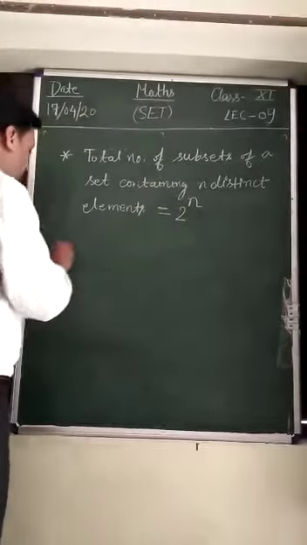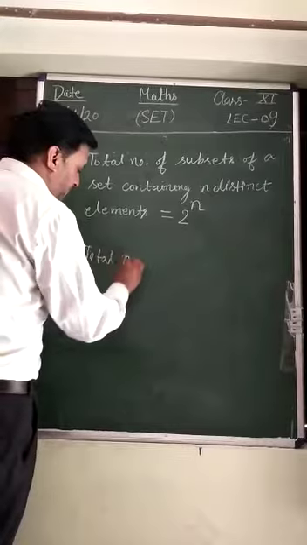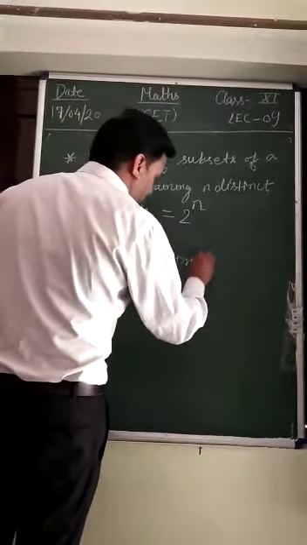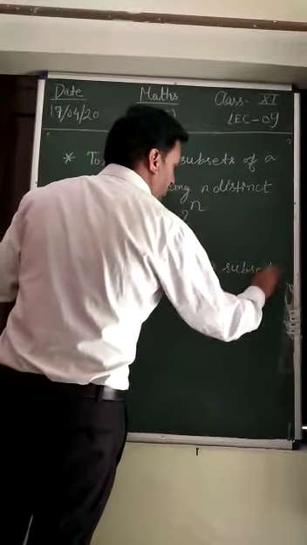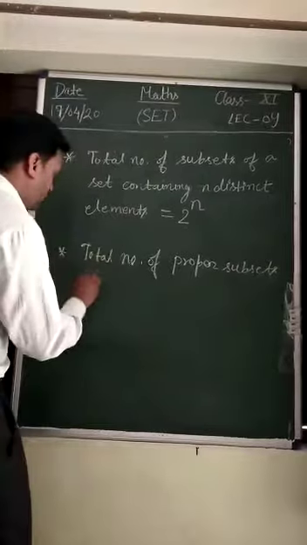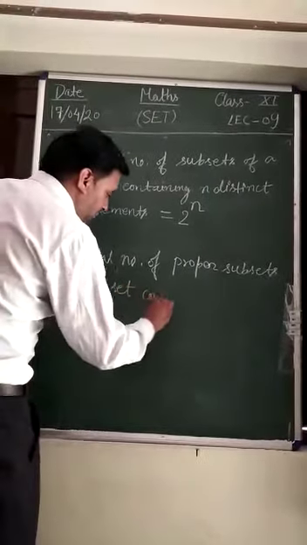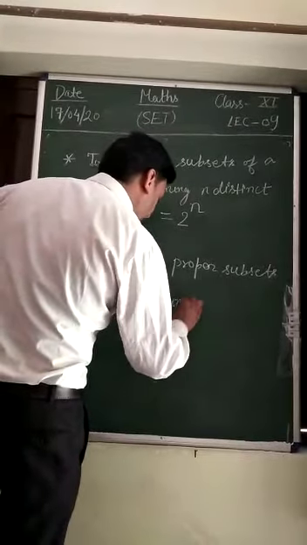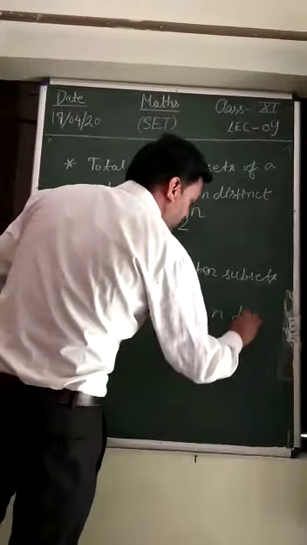Now the next formula: total number of proper subsets of a set containing n distinct elements.